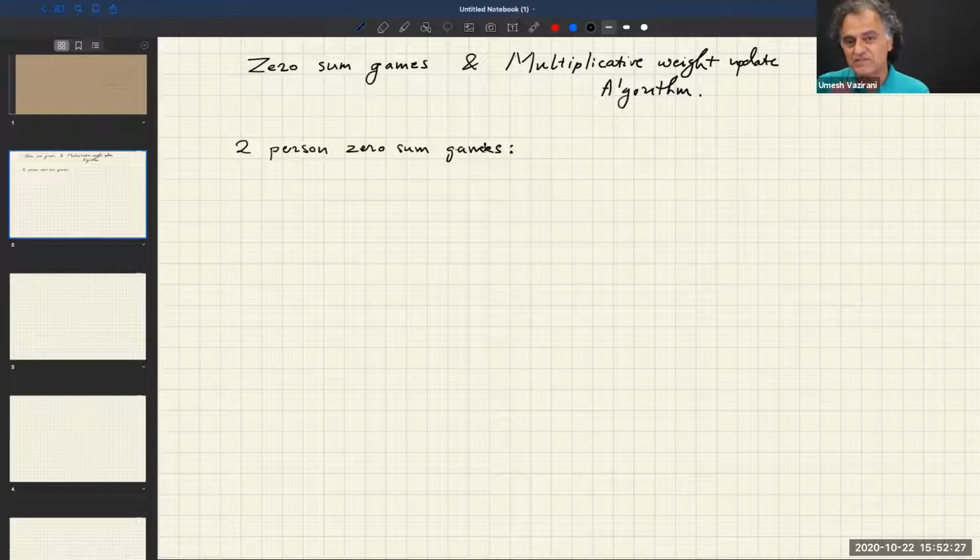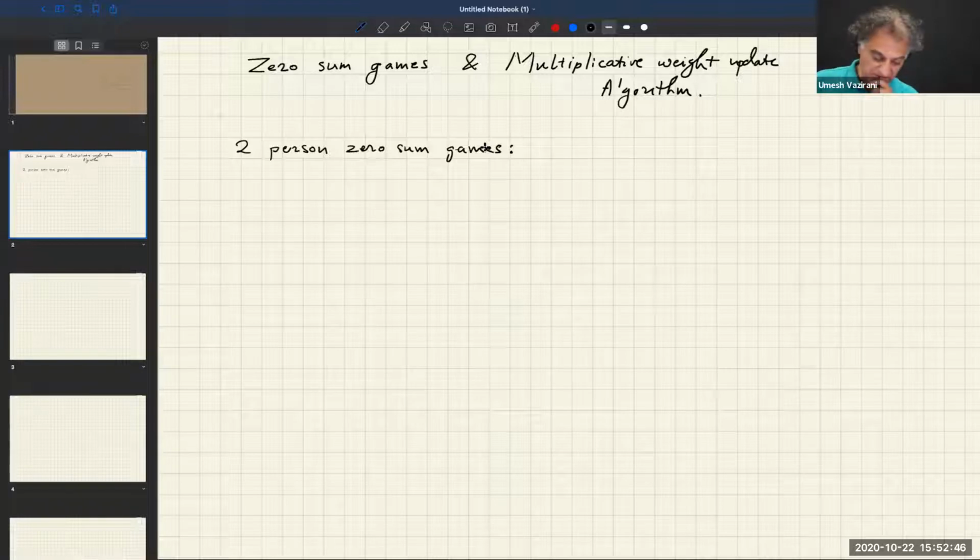Zero-sum games are a very specific kind of game where it's purely competitive, where whatever you win, the other person loses. So now, why do we study it? Because they're very simple and you can completely analyze them, and it gives you a great deal of insight into a very interesting phenomenon.